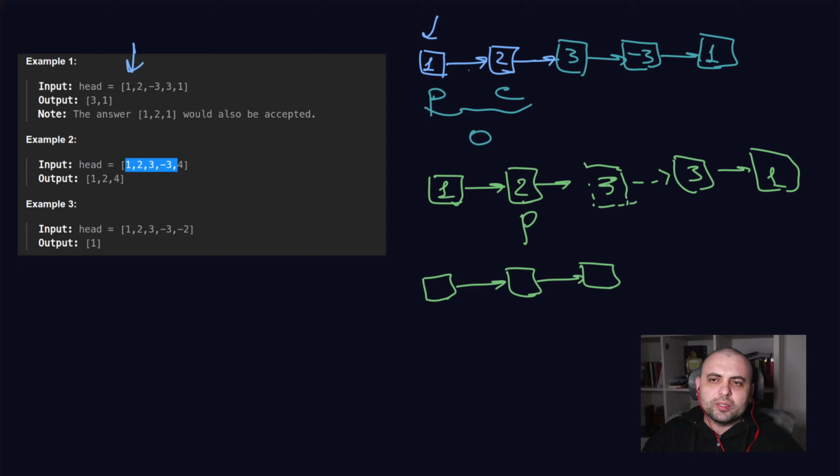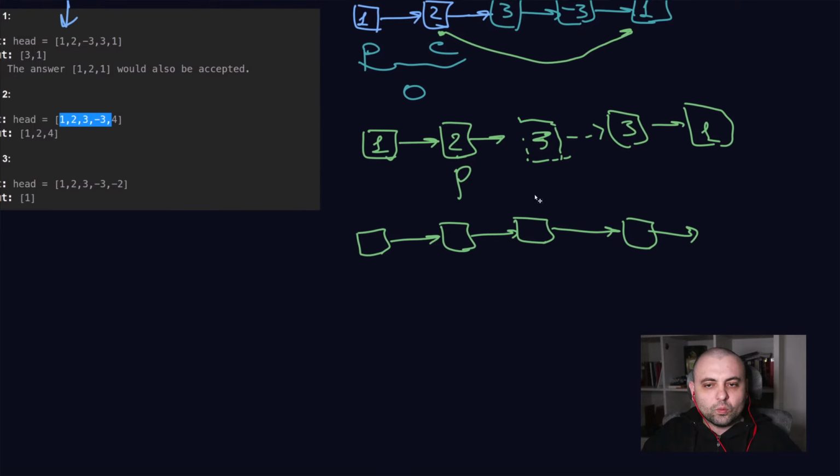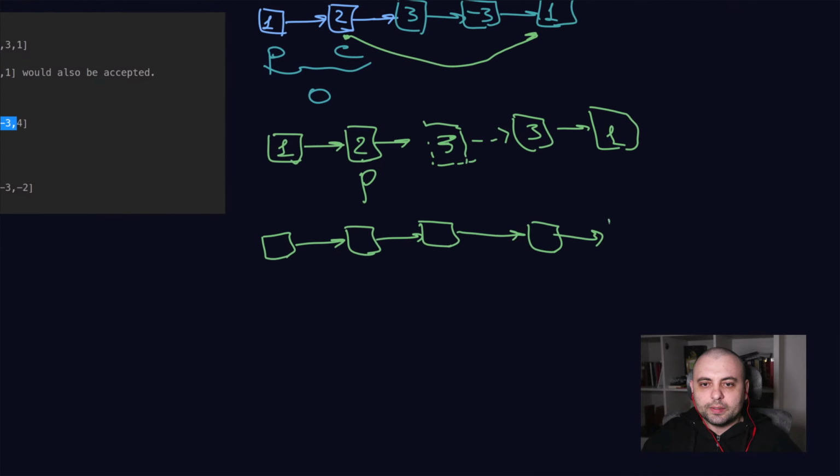I was thinking to mutate and play around with this linked list and try somehow to manipulate it in such a manner that I can get this pointer and link it directly with this one by removing these 2 items. But it's not easy. Let me try to see what can we do here.